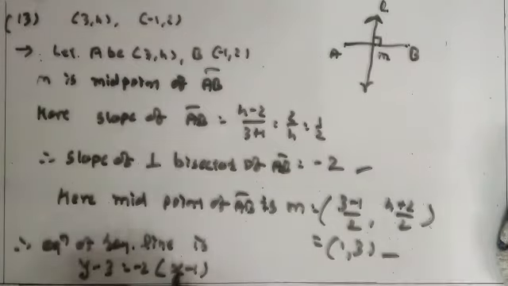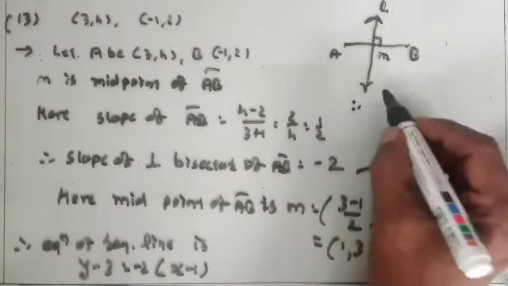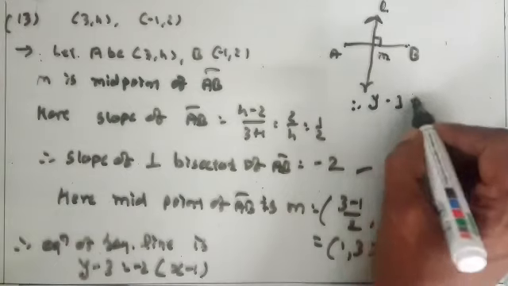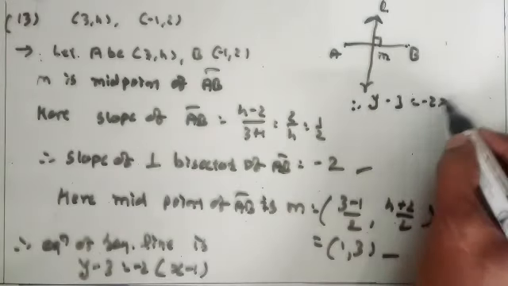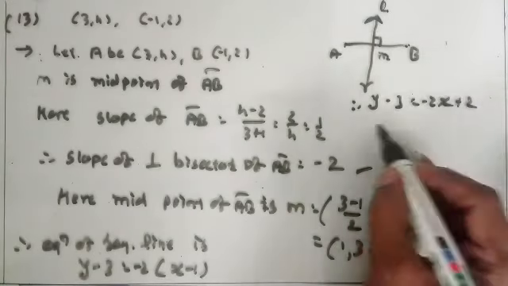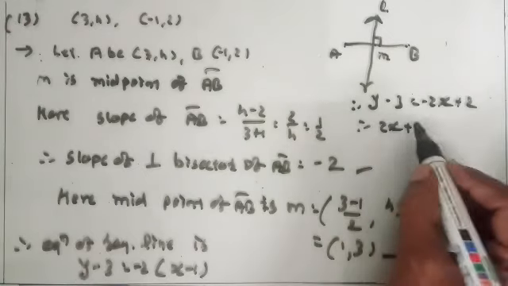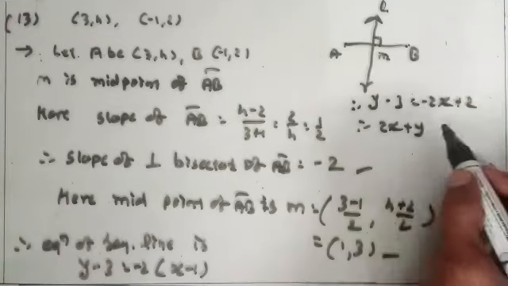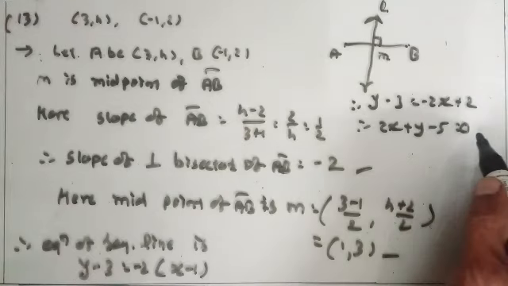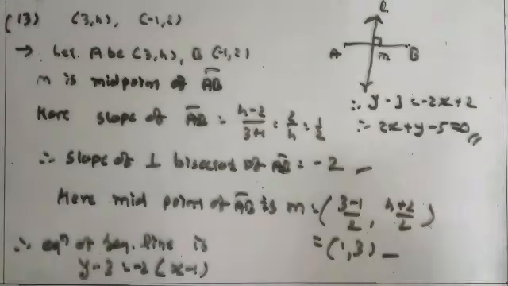So y - 3 = -2(x - 1) = -2x + 2. Taking all terms to this side, we get 2x + y - 5 = 0. This becomes the equation of the required bisector. Clear?